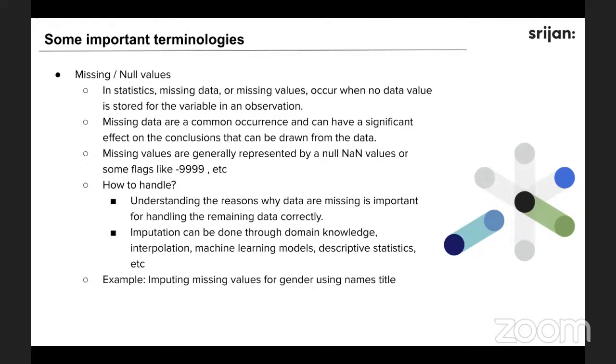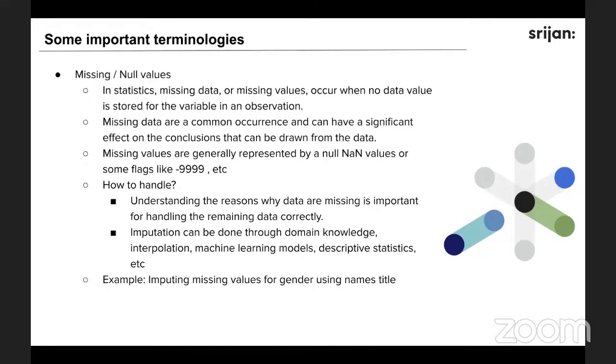One example I would like to discuss: let's say we have a gender column in our CSV data frame, and let's say we have a name column as well, with names along with titles.